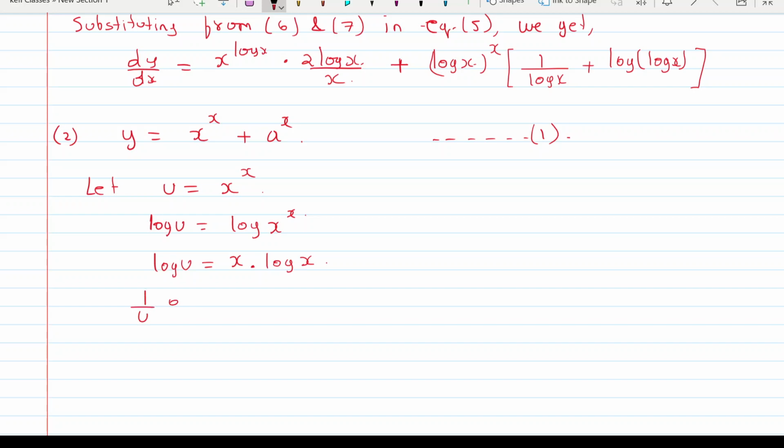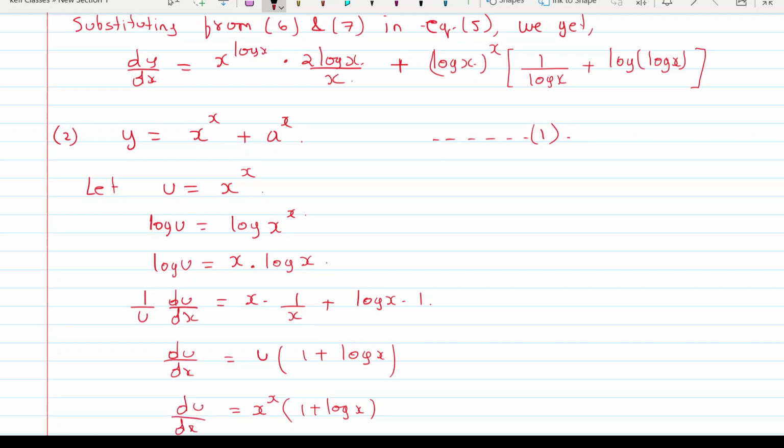So ये 1 upon u du by dx is x into, I'll take it directly now, 1 by x plus log x into 1. And so du by dx is u into 1 plus log x. u कितना है? x raised to x into 1 plus log x.